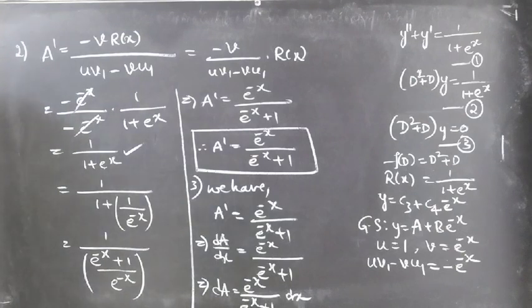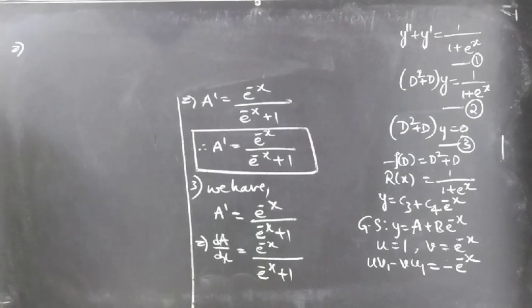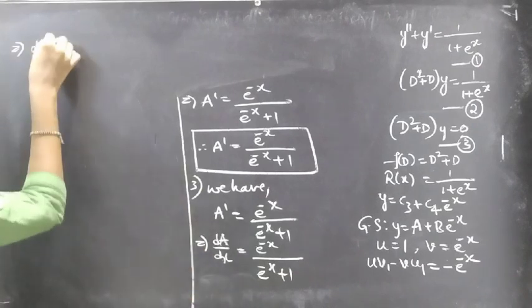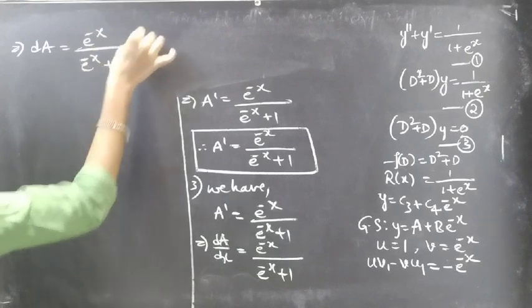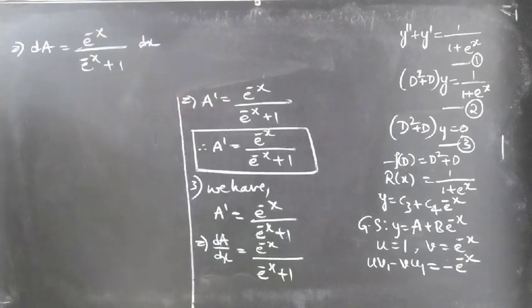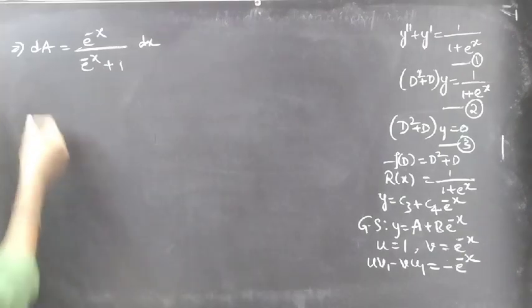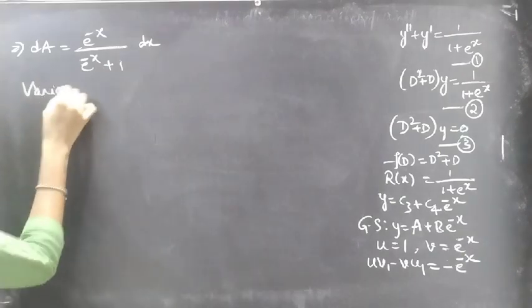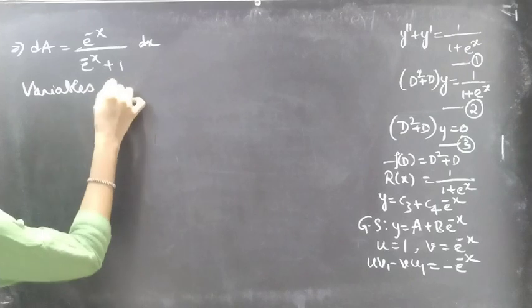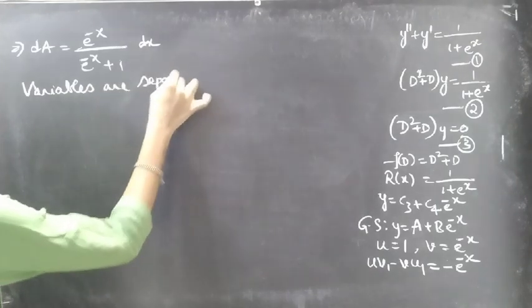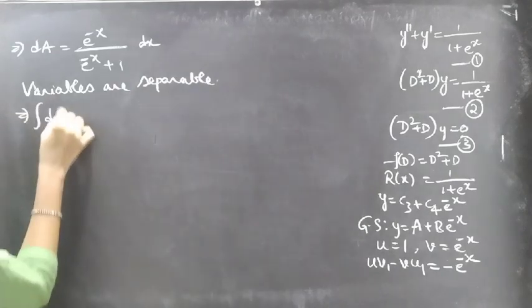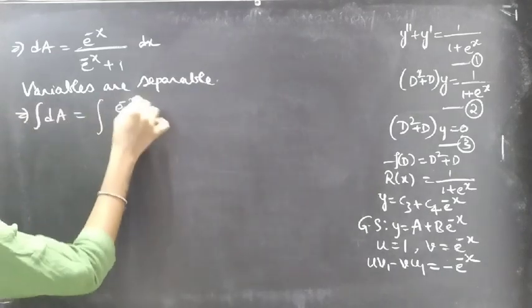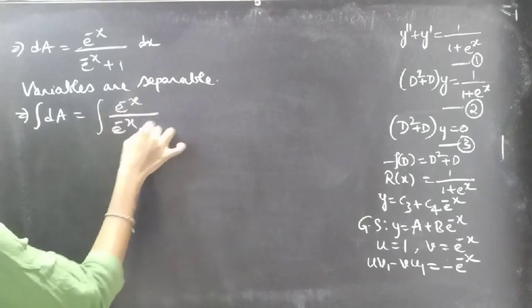So here the variables are separable, so we can perform integration. Now perform integration. Integral dA equals integral e power minus x by e power minus x plus 1 into dx.